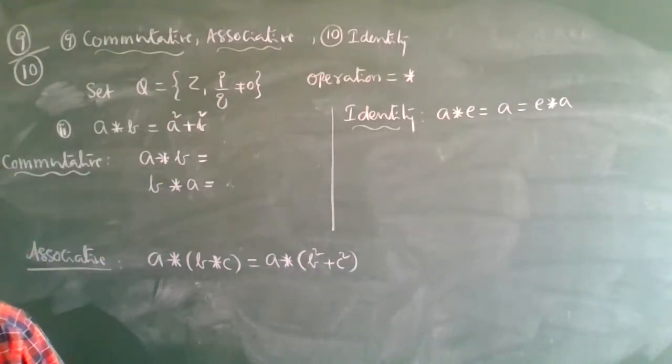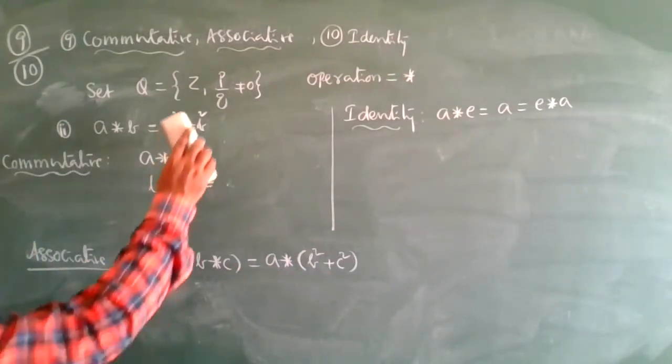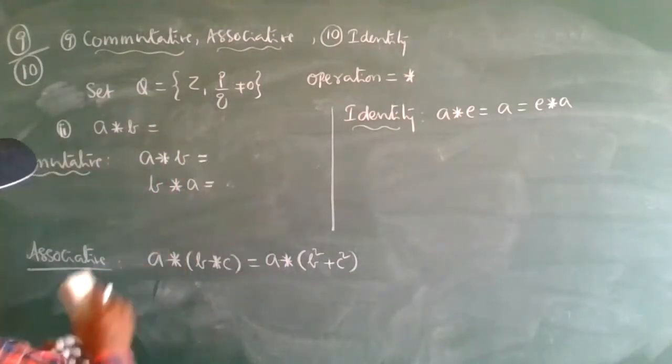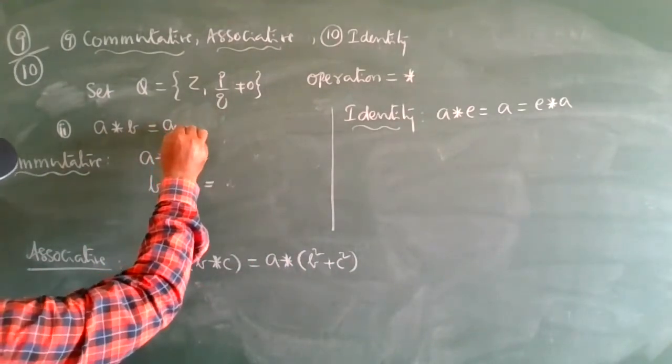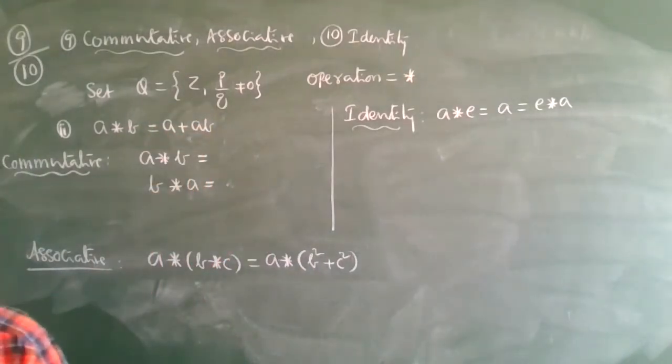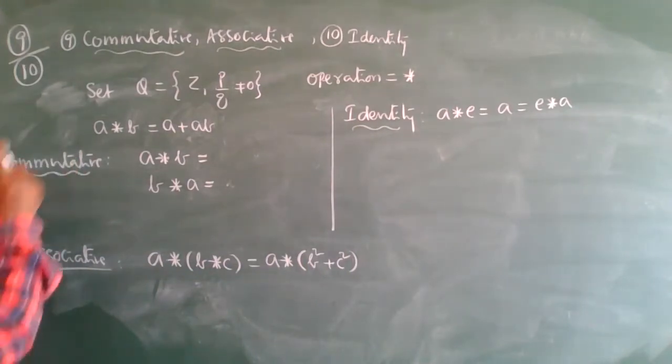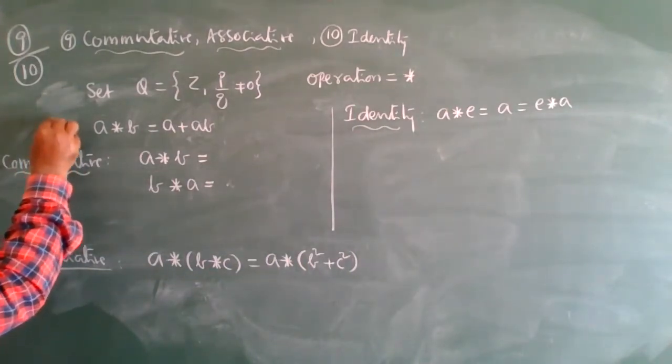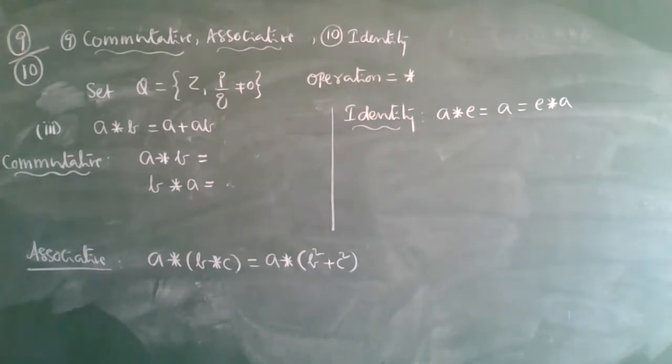A star B is equal to A plus AB. Right, the third bit. Everyone see the third bit. A star B is equal to A plus AB.